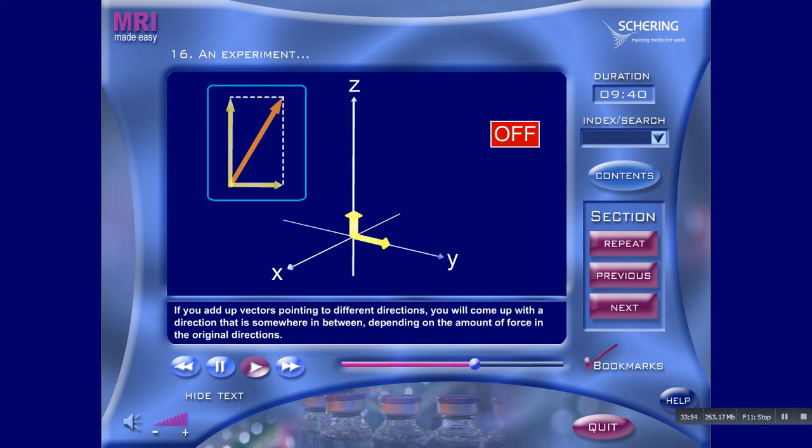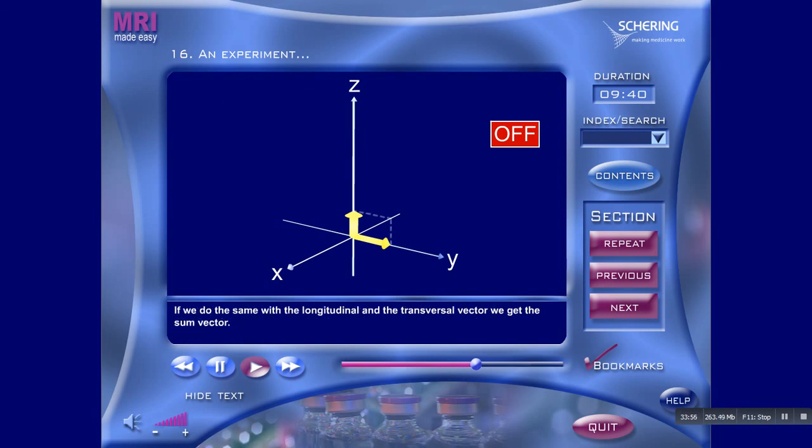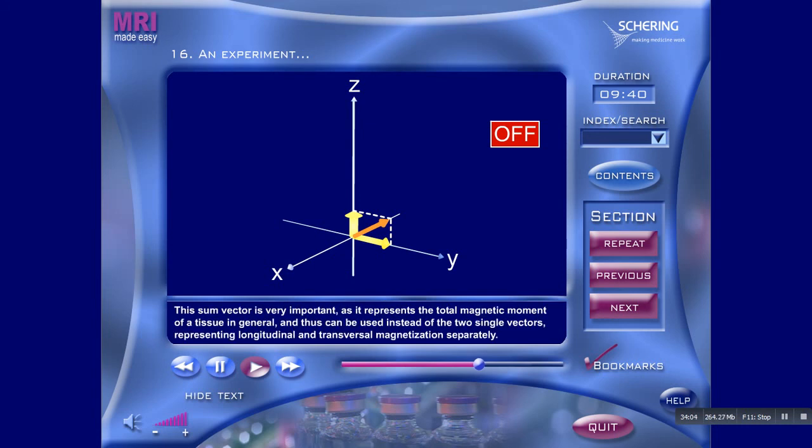If we do the same with the longitudinal and the transversal vector, we get the sum vector. This sum vector is very important, as it represents the total magnetic moment of a tissue in general, and thus can be used instead of the 2 single vectors, representing longitudinal and transversal magnetization separately.